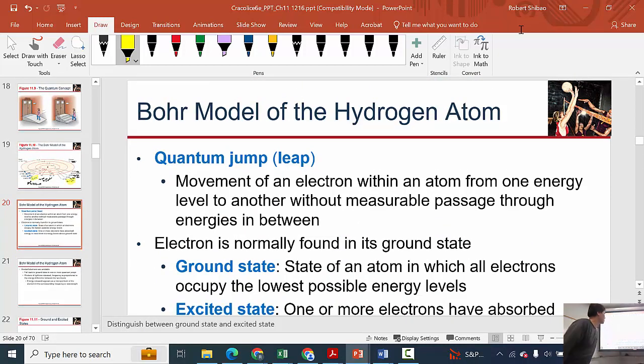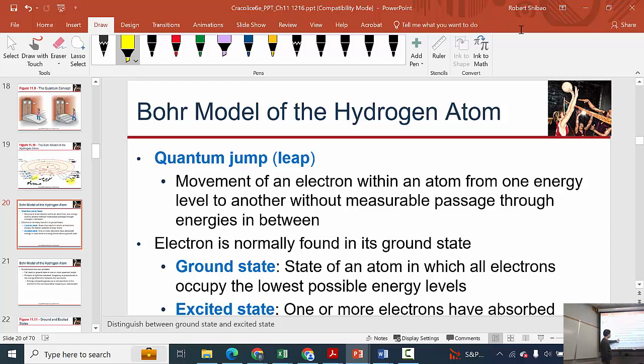The electrons can jump from, we don't call them jump, we call them transitions. And so the electrons can transition from one step to another step. The movement of an electron within an atom from one energy level to another without passing through.